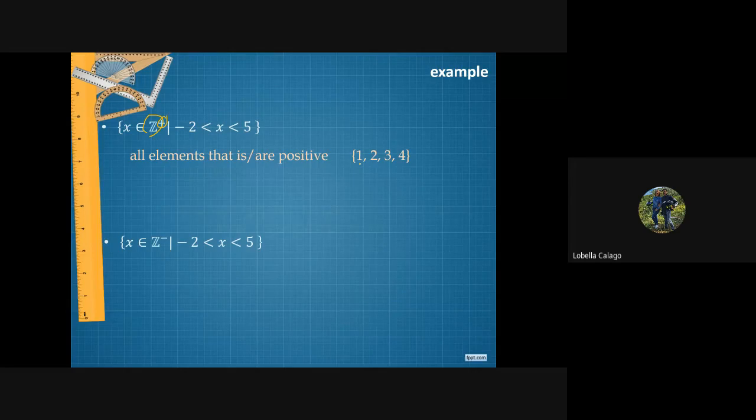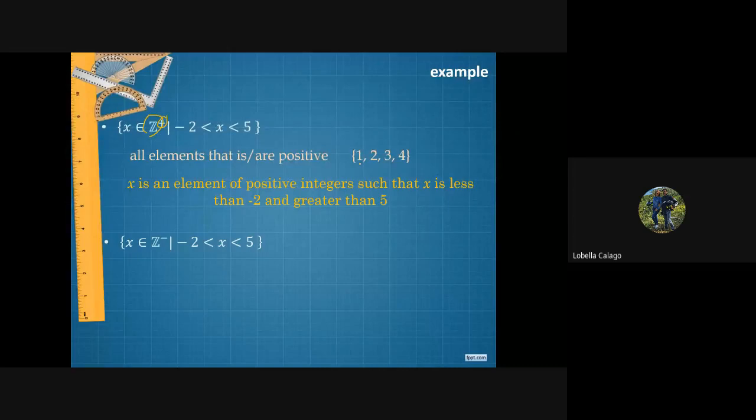Pagbasa niyan, x is an element of positive integers such that x is greater than -2 and less than 5. Yan po ang ibig sabihin niyan. So it includes 1 and 4. Kaya, bakit nakaganito? So we have the first and this is the last. So you're talking about numbers in between nakasama si 1 and 4.